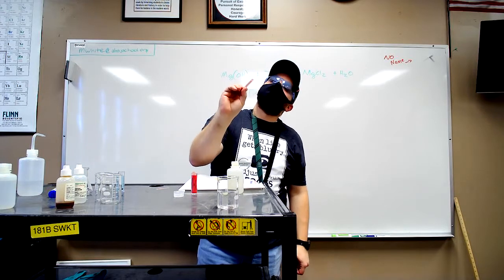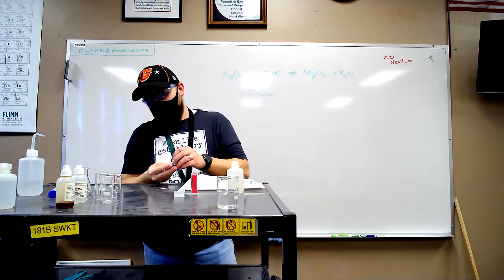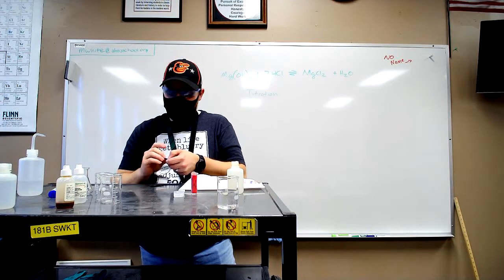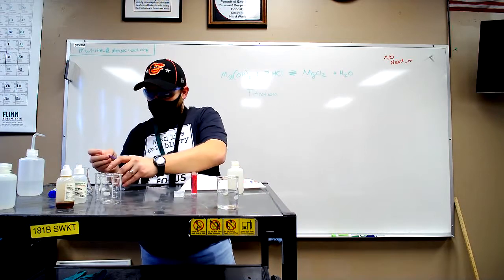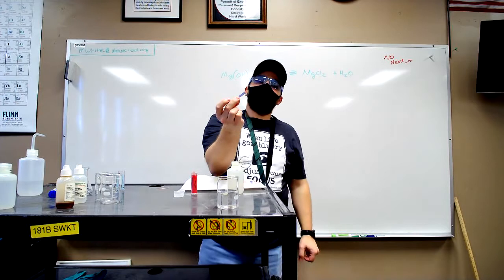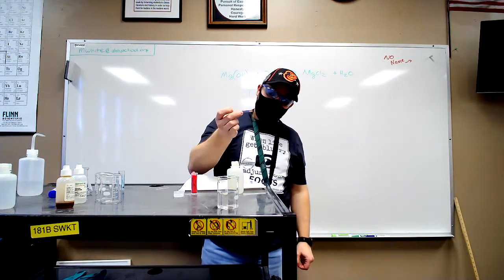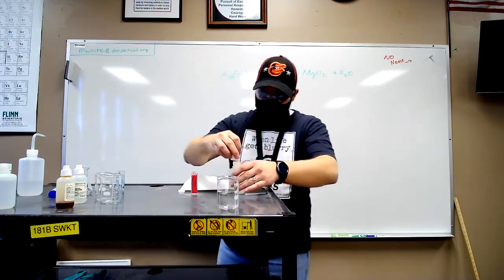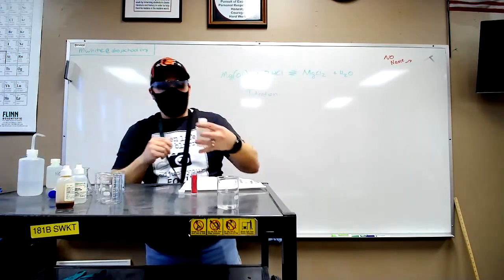Now that didn't really do too much to this red sheet, but if you pull a blue one out, you should start to see something. Okay. So you notice the blue turned red. That means we're dealing with an acid. It doesn't tell us much about anything like a concentration, but we do know that we're dealing with an acid.